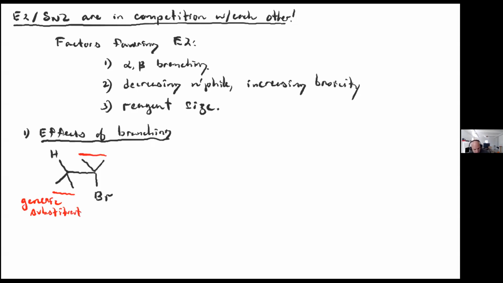And so if we take that with acetate, we can then measure the degree of substitution versus elimination. So this, of course, is SN2, and this one is going to be E2.